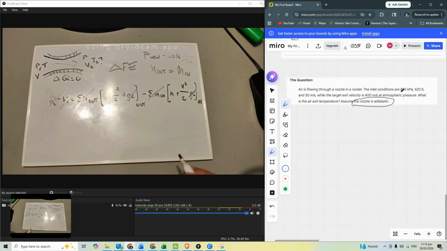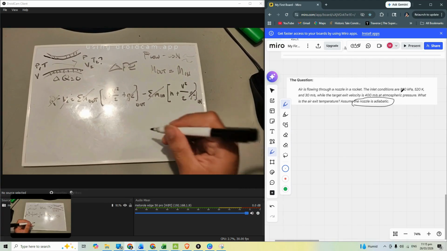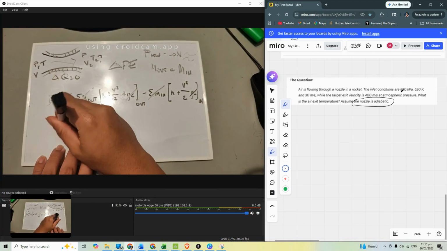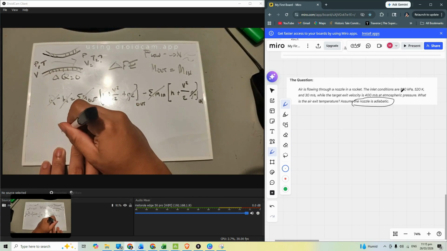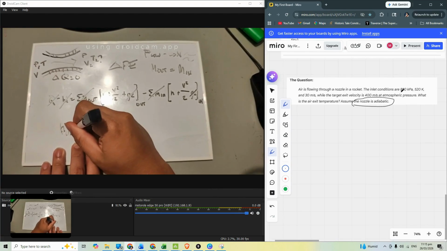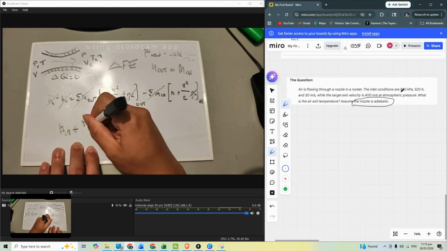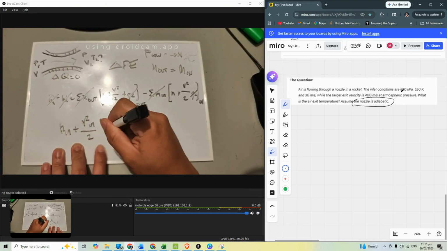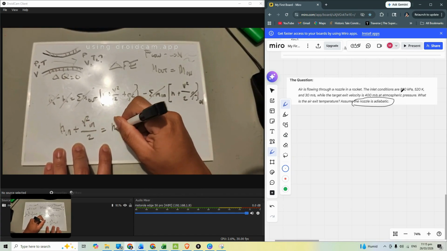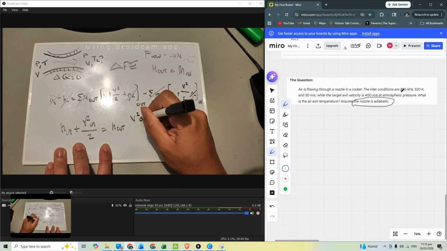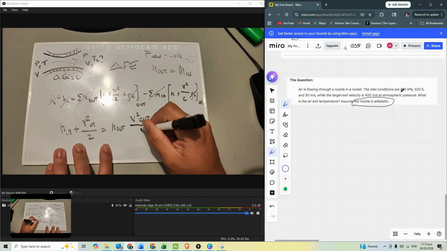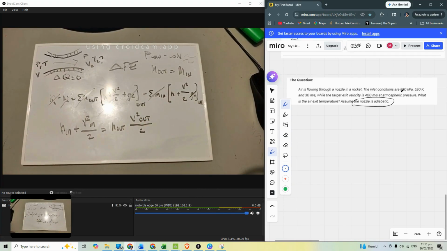So now what we have here is, bear with me for a while, h in plus v in squared over 2 is equal to h out plus v out squared over 2. Now, are we done? Almost done.